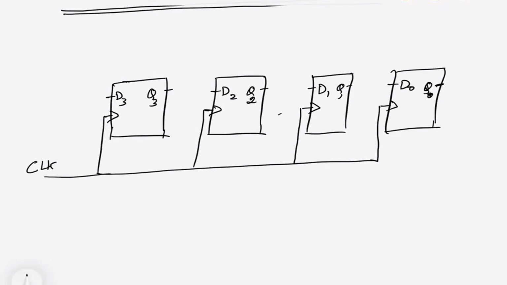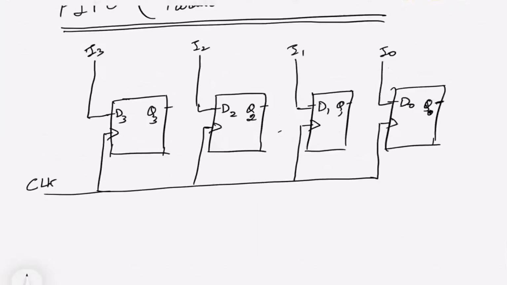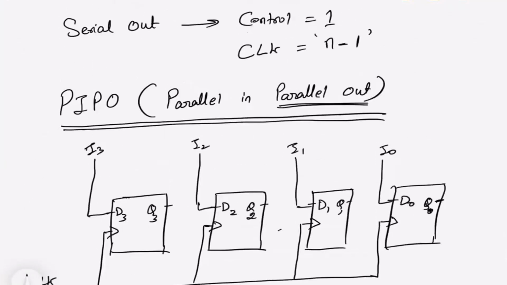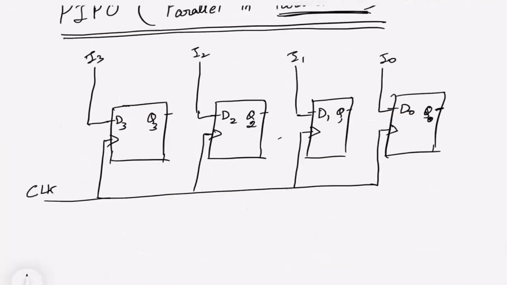And here you want to give input I3, I2, I1 and I0. If you want to give it parallelly, they are directly connected to D3, D2, D1 and D0. And since you are dealing about parallel output case also, which means all the things at Q3, Q2, Q1 and Q0, you need to take directly as output.